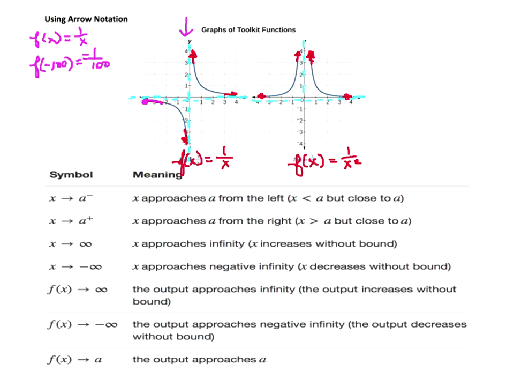So we have a horizontal asymptote and we have a vertical asymptote with both of these functions. Here's the horizontal asymptote for 1 over x squared, and here's the vertical.